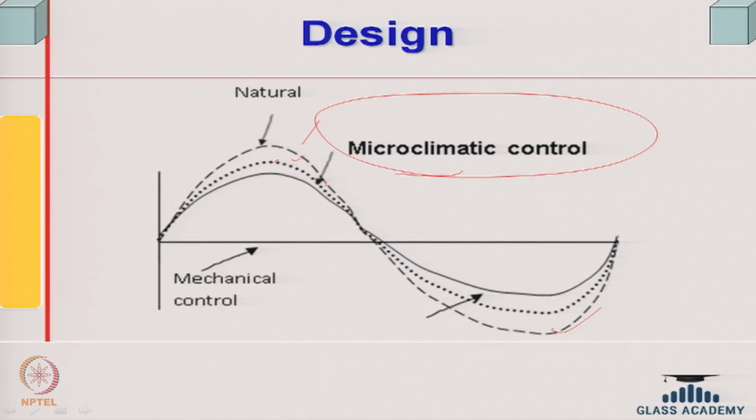Then you might use the passive part or envelope system and overall thermal energy efficient passive design of the building. But if you want 100% control, then you need mechanical conditioning, air conditioner, etc.